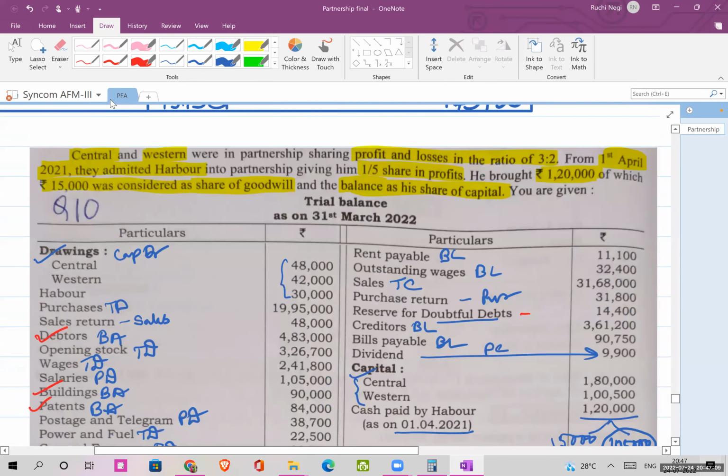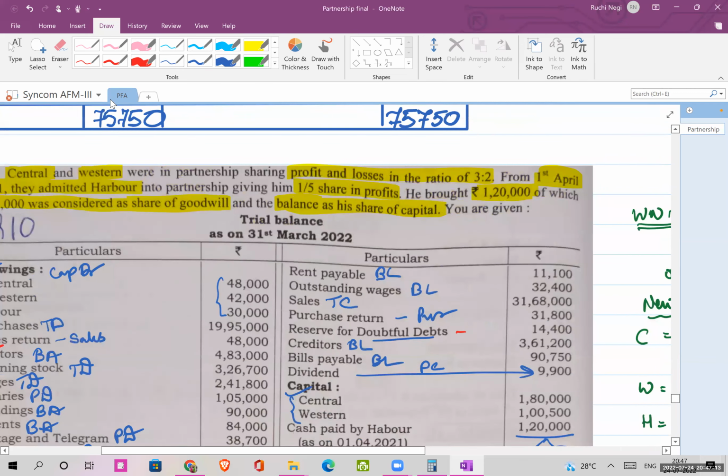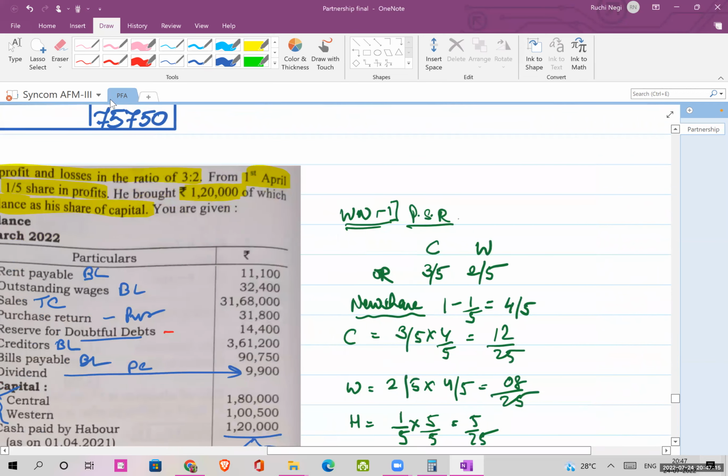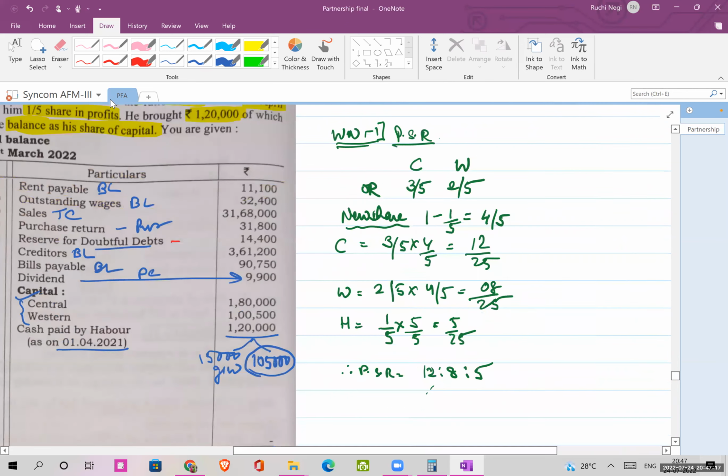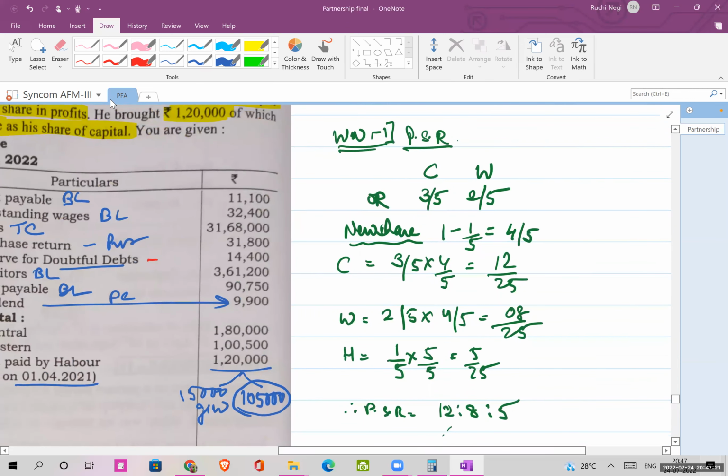We will have to calculate the ratios because the concept of 1/5 share in profits is given. So let's start with the calculation of the PSR. Okay, so the old ratio is how much? 3/5 and 2/5, correct? New share is how much? 1/5. So 1 minus 1/5.